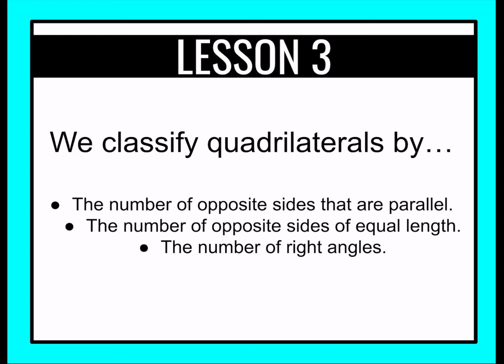So we need to look at how many sides are parallel, how many sets. We're going to fill that in our chart in just a minute. We're going to look at the number of opposite sides that have equal length. For instance, in our rectangle, the opposite sides are equal length. And we're going to look at the number of right angles. So those are the different things we're going to look at as we take a look at today's lesson.